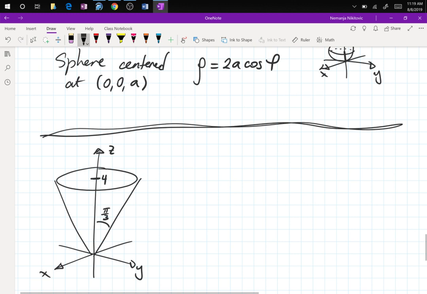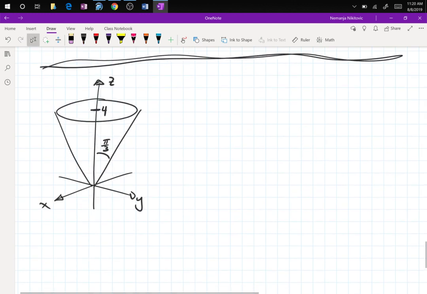So this is the only thing you need to know. You don't need to know anything else to find the volume. You just need to know what is the angle, phi, and you need to know the height of the cone. So what is the volume of this cone?